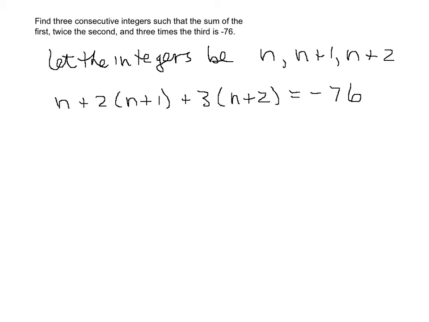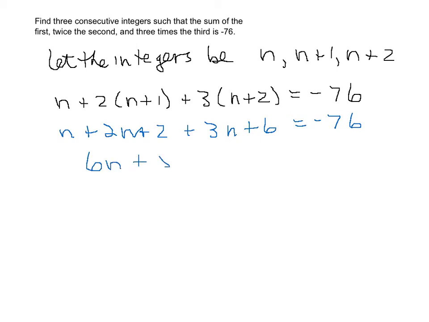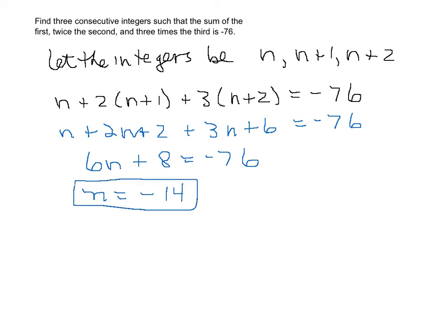We have to write this as n plus 2n plus 2 plus 3n plus 6 is equal to minus 76. So if I simplify here a little bit, I'm going to get 6n plus 8 is equal to minus 76. And if you go ahead and solve this, you should get n is equal to minus 14. It's an important intermediary step.